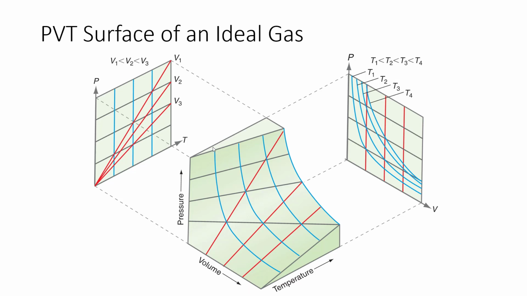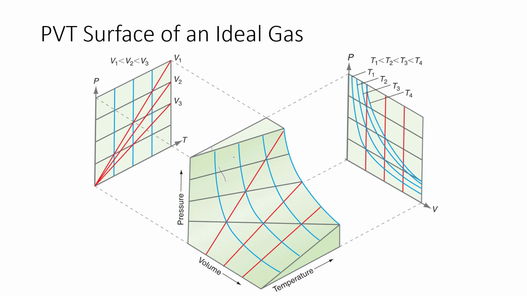Now if I cut along this surface, then I get a PV diagram for this particular temperature.